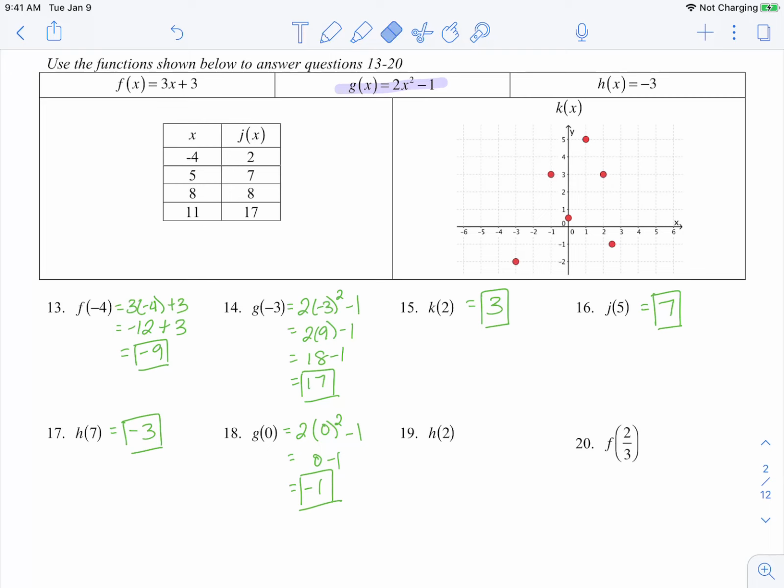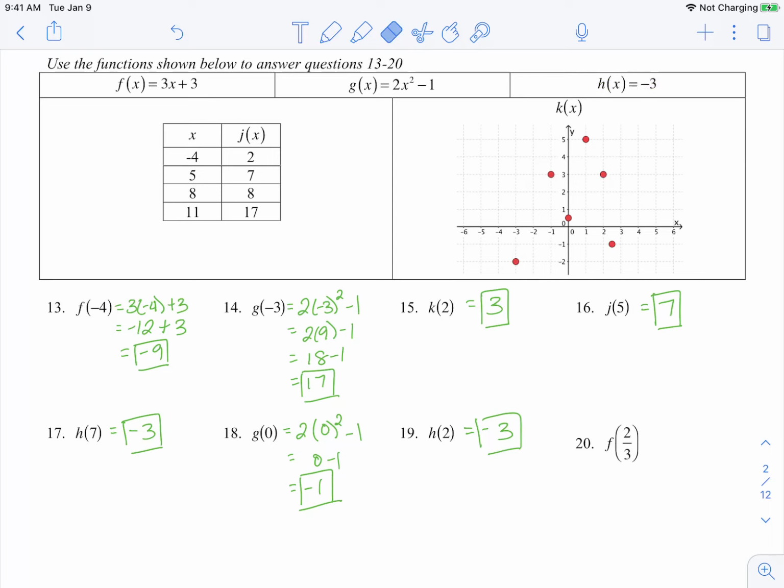All right, I would like you now to try 19, h of 2. Our function h of x, remember, is -3, so h of 2 is going to be -3.